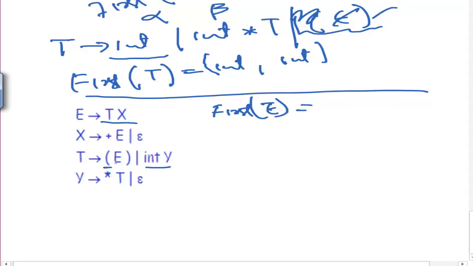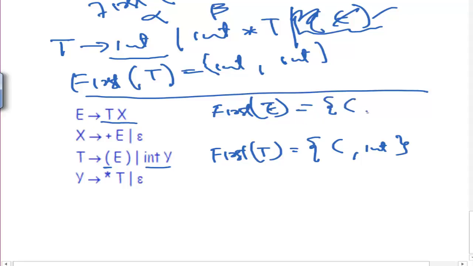So first of T will be either the left paren or the int. And the same thing will be the first of E, because first of E is the first of T. So first of E will be the same as first of T, that is the left paren and the int, right?